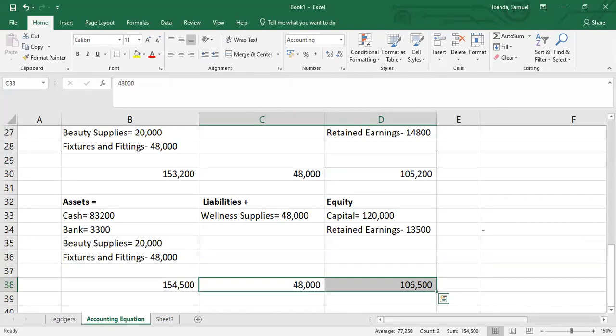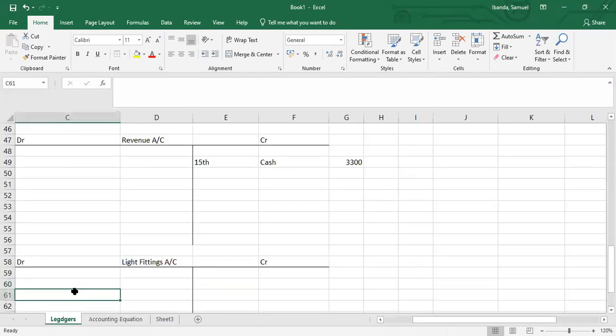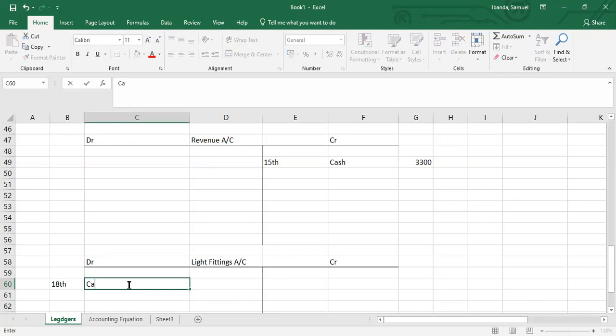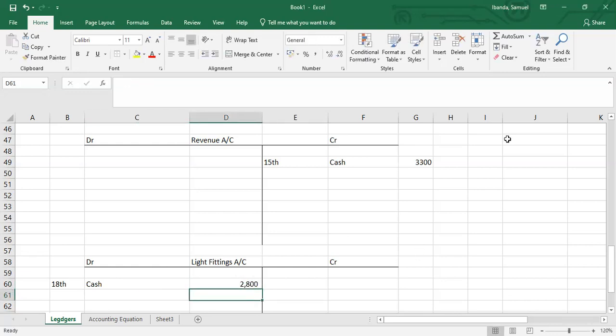So what I'll do here, give it a date, 18th. Of course, we paid by cash. And how much was this? This was 2,800.